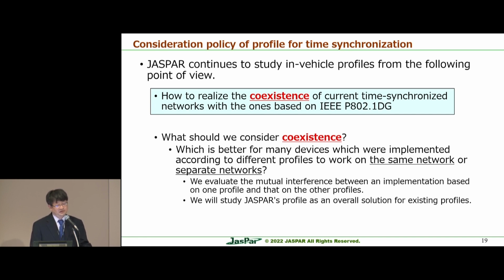Do you think it is better for many devices implemented according to different profiles to work on the same network or a separated network? In order to answer this question, we are evaluating the mutual interference between an implementation based on one profile and that on the other profiles. And then we will study JASPAR's profiles as an overall solution for existing various profiles.